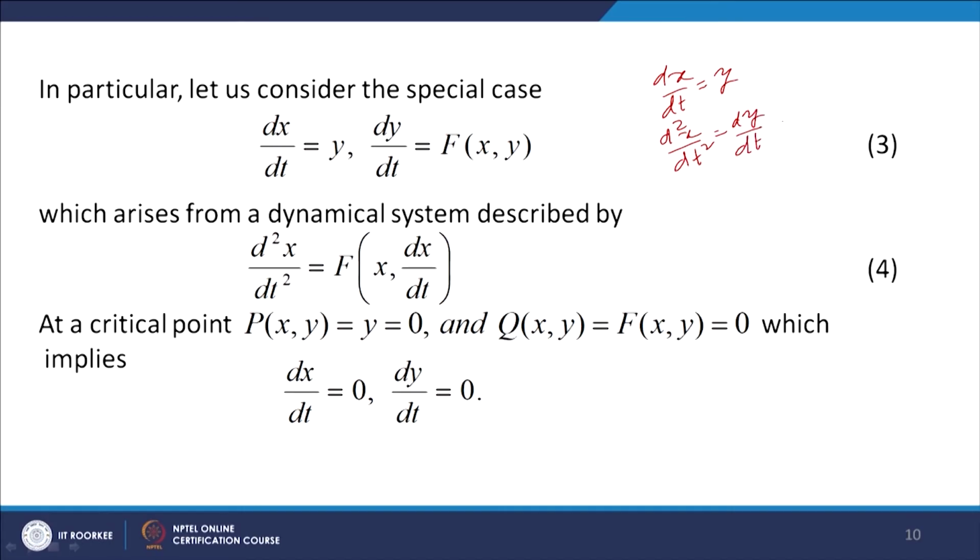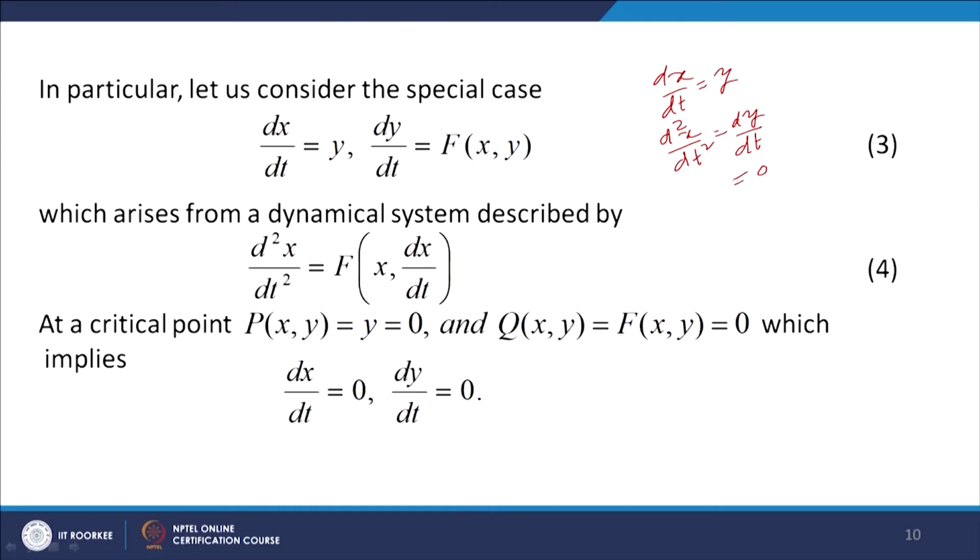Now, at a critical point p(x,y) and q(x,y) are both zeros, and therefore, y is equal to 0 and f(x,y) equal to 0. So, we get dx by dt equal to 0 and dy by dt equal to 0, and further from the equation dx by dt equal to y, it follows that d square x by dt square is equal to dy by dt, but dy by dt is 0.